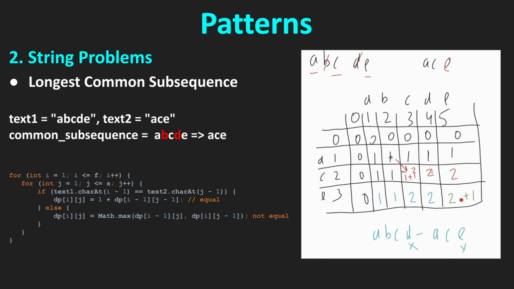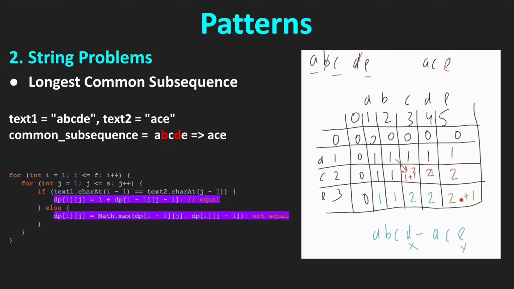So now we are going to the next level, ABC and AC. We have already solved that subproblem, and then we are taking the value 1 plus whatever the value is here. So that is when they are equal. When they are not equal, we are taking the maximum value either from the left, in this case ABCD or AC, or from the top.